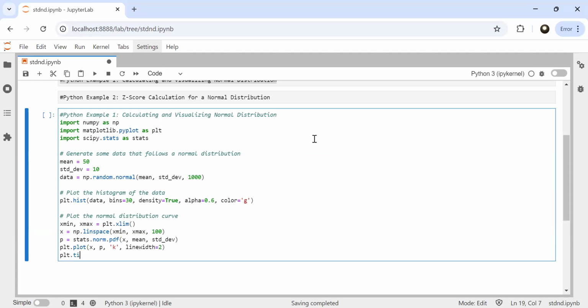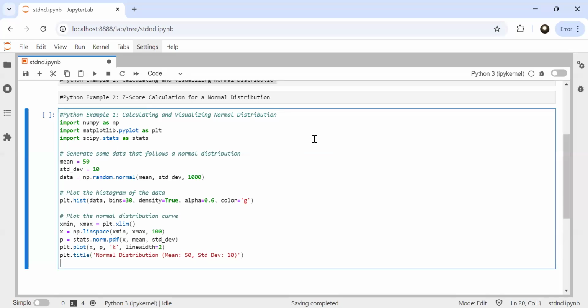Let us keep the title Normal Distribution, mean 50 and deviation 10. And then plt.show.